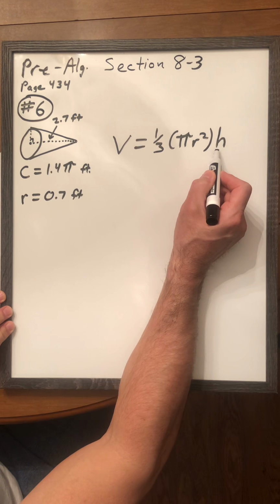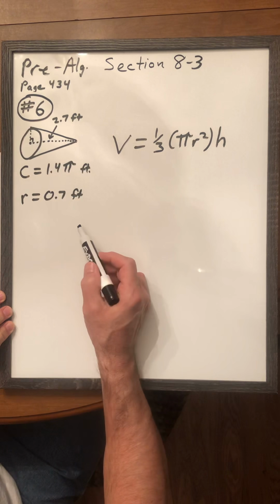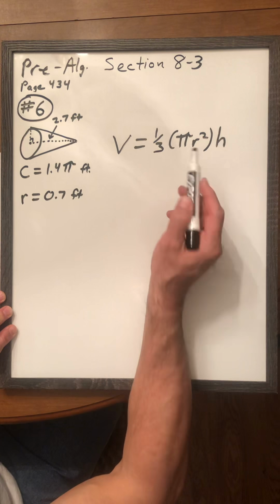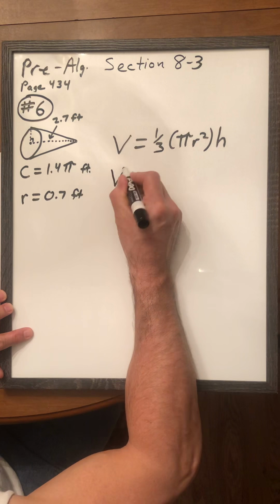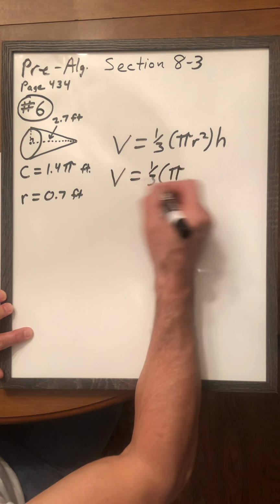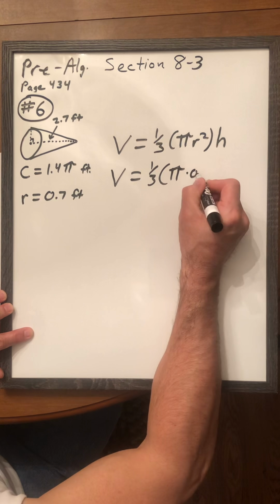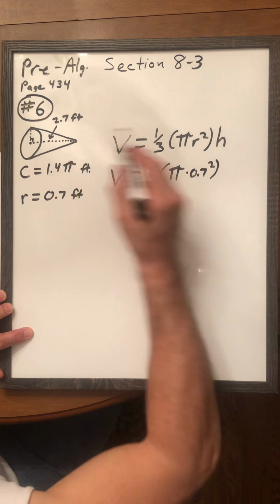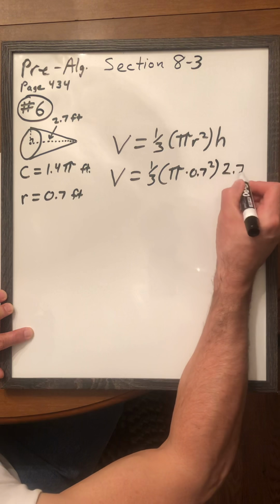We needed the height, which we have in our diagram, 2.7 feet. And in the problem, it wanted you to leave it in terms of pi, so we're going to leave our pi symbol in there. So I'm going to plug in the radius, 0.7, and then we have to square that. And then I'm going to plug in the height, which is 2.7.